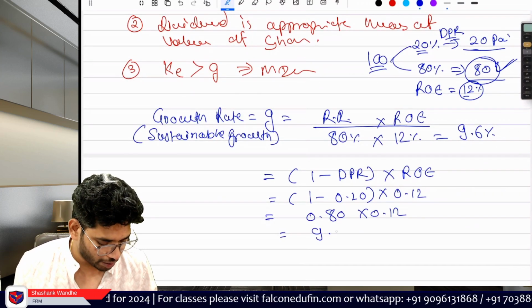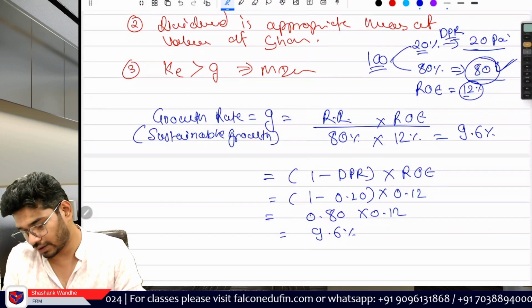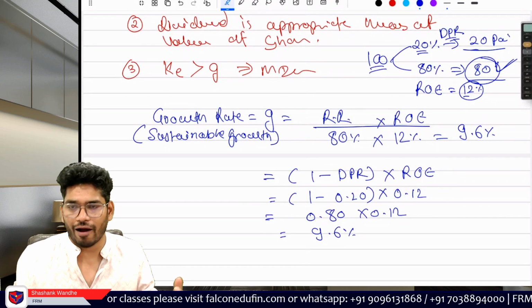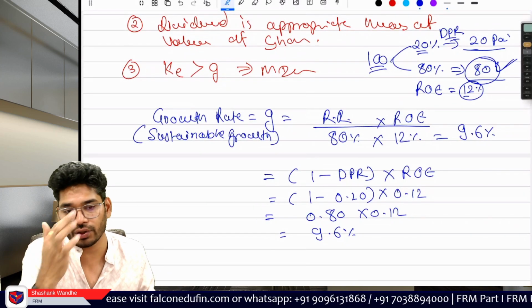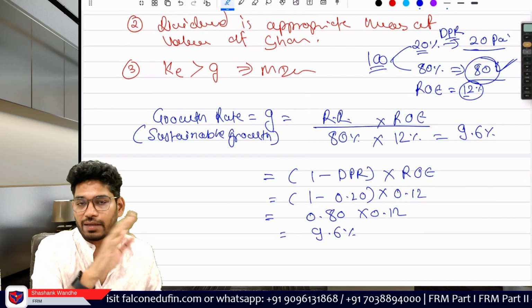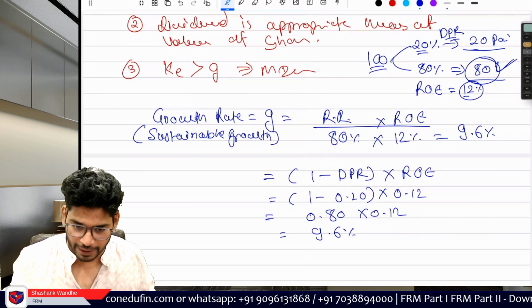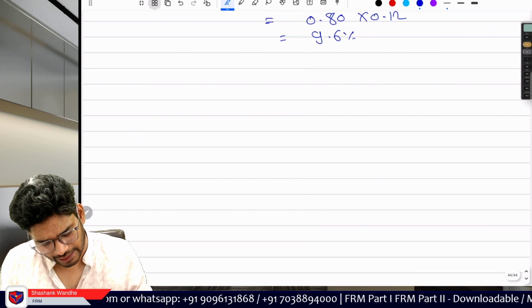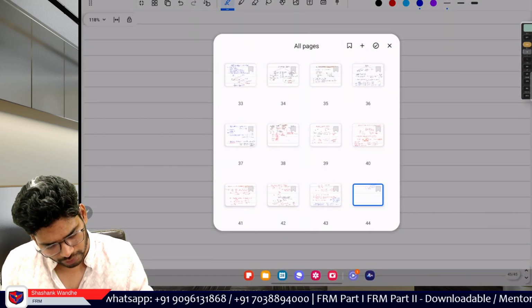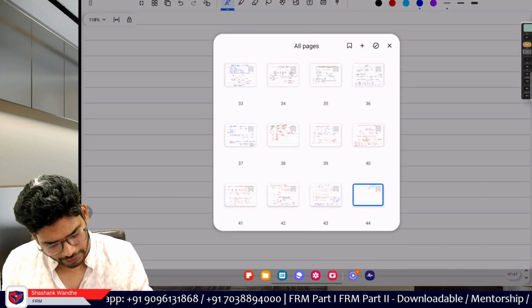If you solve this again, 9.6% is the answer. So this is the formula you have to remember. If g is not directly provided to you, then you have to do this calculation. So RR multiplied by return on equity. Fine. Once you understand this, we'll move to the next discussion.